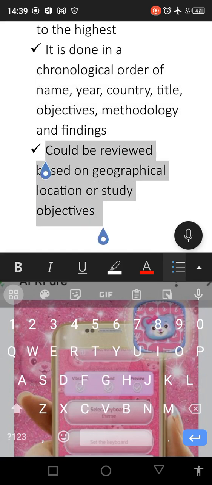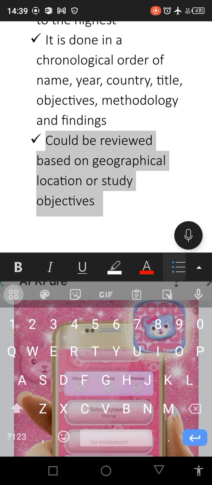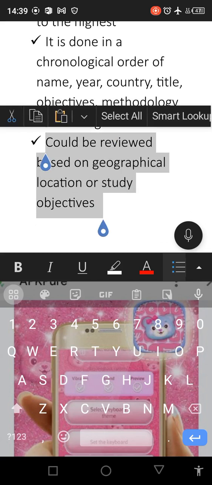All right, let's move to the last point. The literatures could be reviewed geographically or based on your study objective. What do I mean by this? For instance, you could break your literature review down into studies done in developed countries, studies done in developing countries, and studies done in your own particular country where your institution is situated.